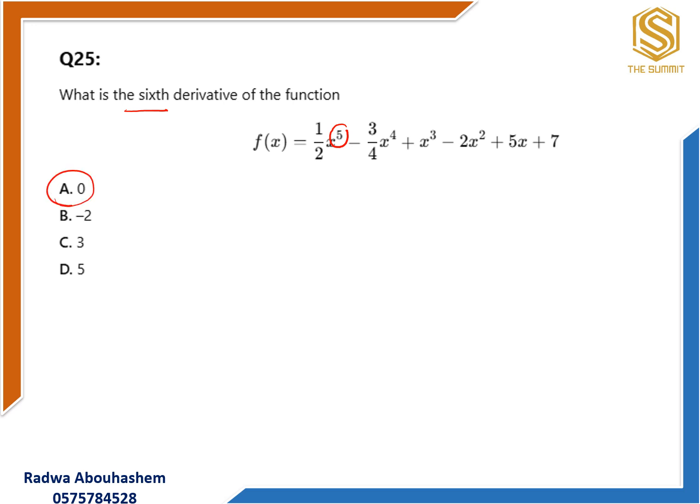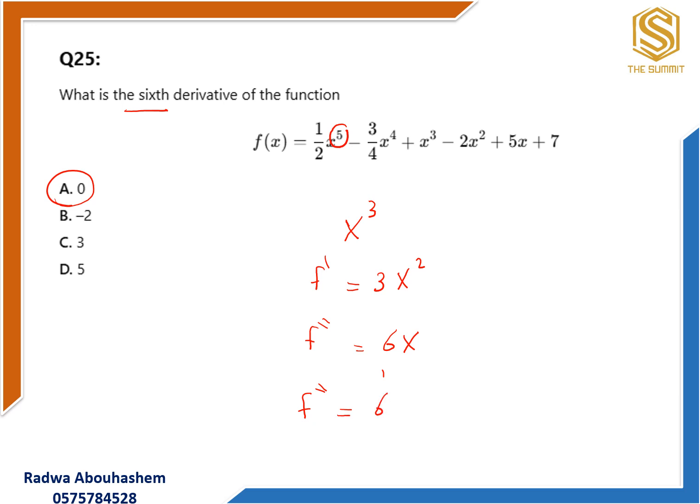If you notice, when we take the derivative, you are decreasing the power each time because you subtract 1. For example, this was x power 3. If I took the derivative for the first time, it gives me 3x power 2. So I decrease the power. If I took it again, it would be 6x. If I took it for the third time, it would be 6.